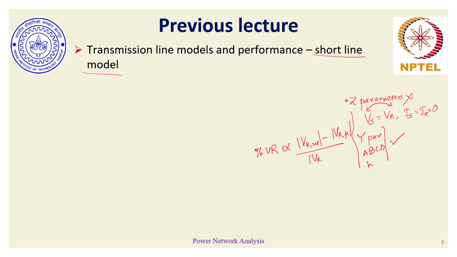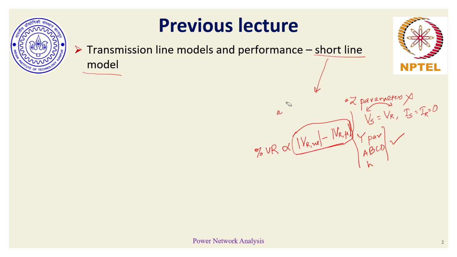So that denominator is not so important, but what is important is that percentage voltage regulation is a measure of how much is the voltage drop or difference in voltage magnitude compared to the line being loaded from no load till full load.